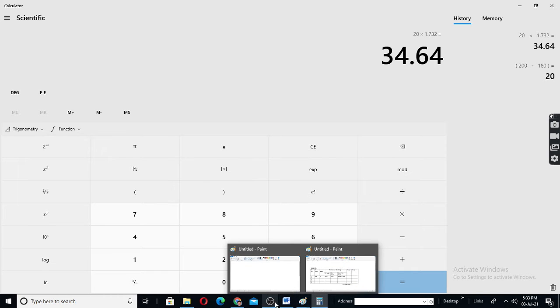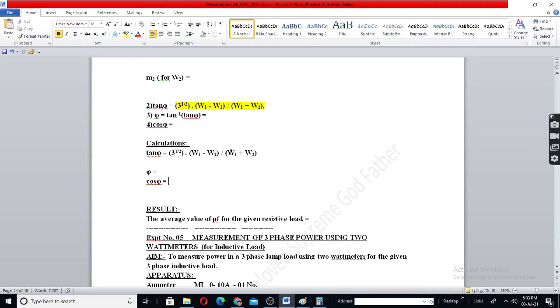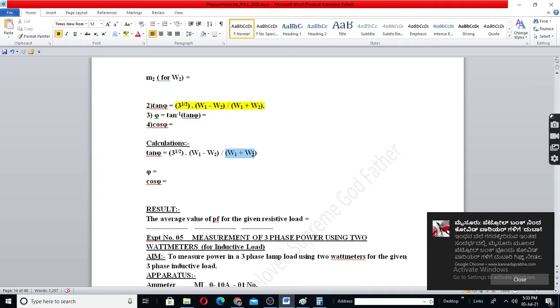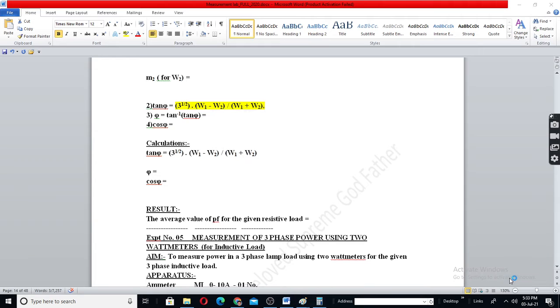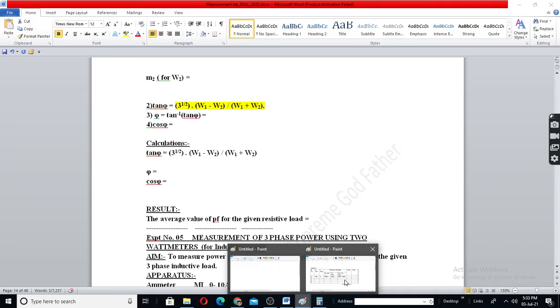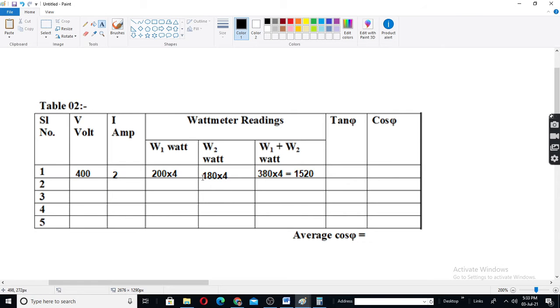Denominator is W1 plus W2, means 180 plus 200. Into 4 will cancel here, so you need not write it, but you can also write it as you wish.